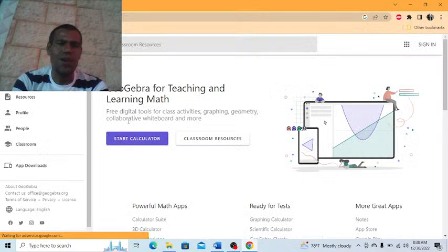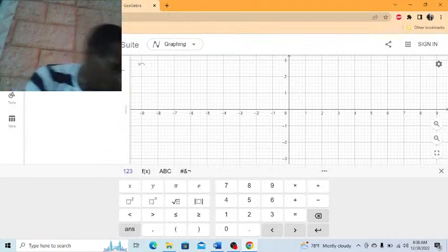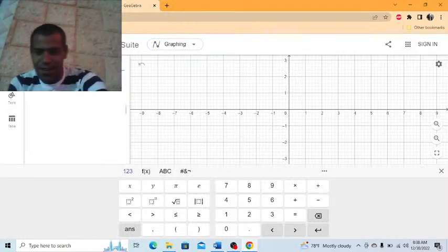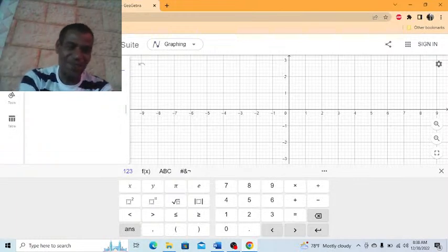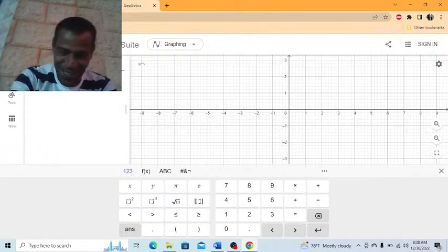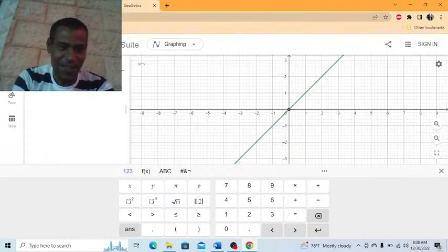I will try to plot this function, which is x square.